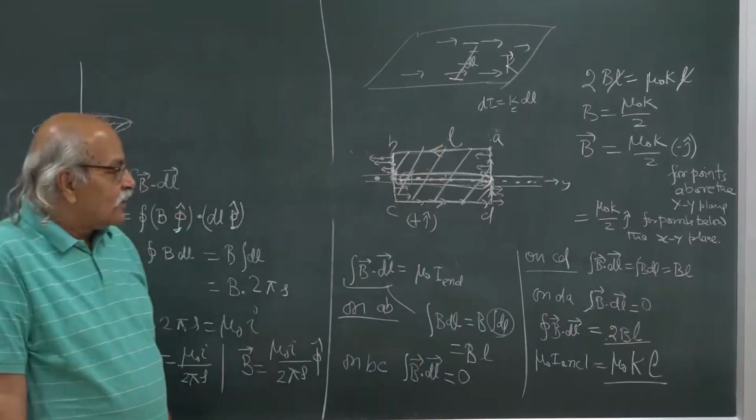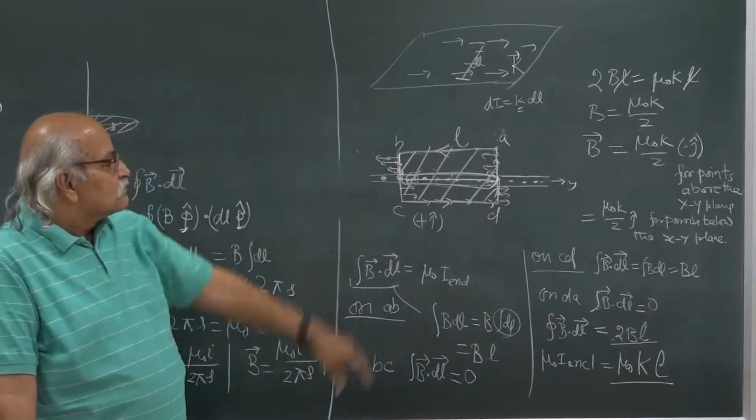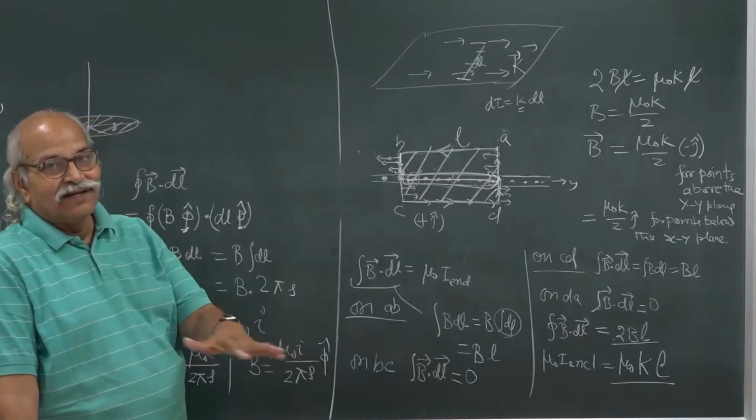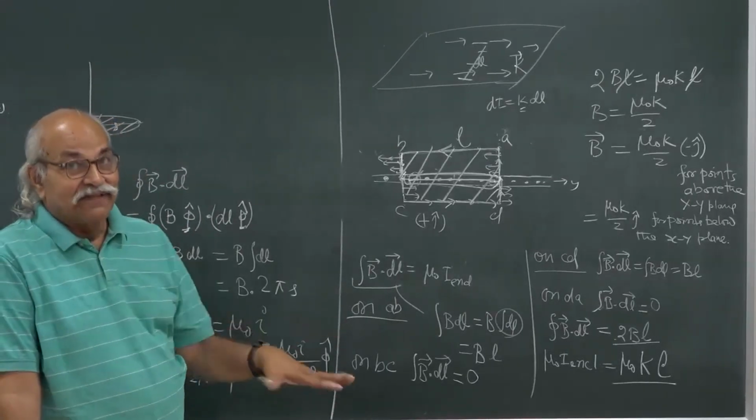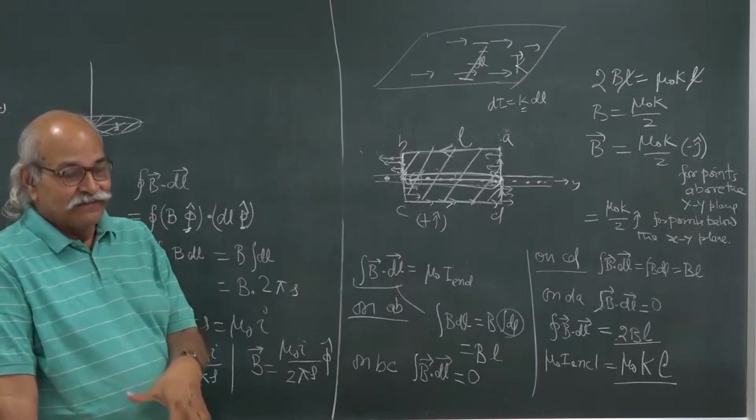Okay, so that is how we can get this magnetic field due to a surface current in the xy plane.